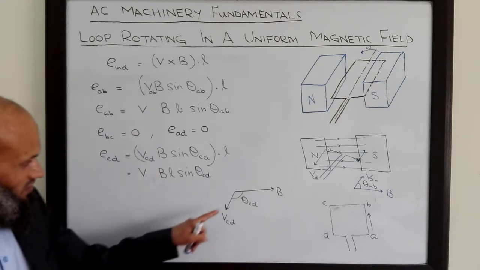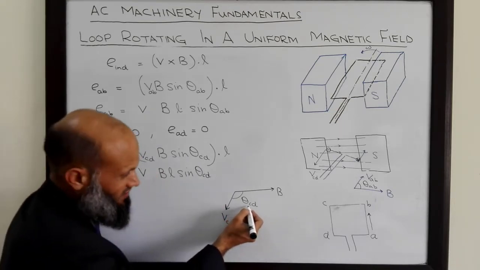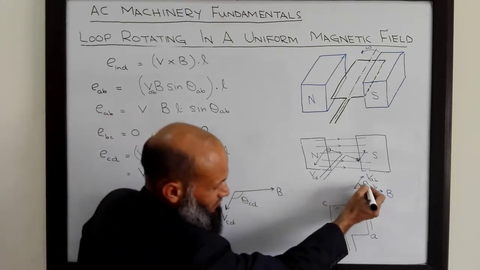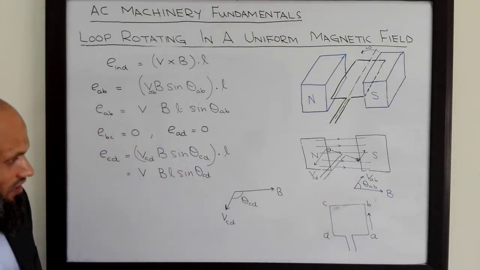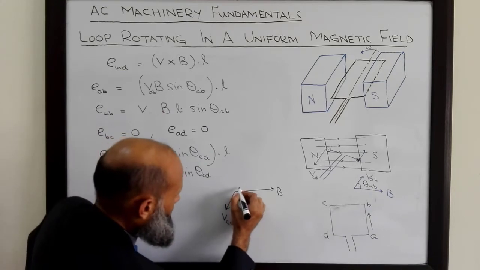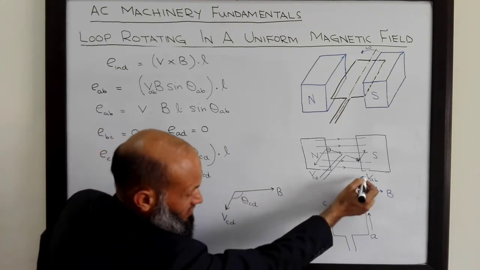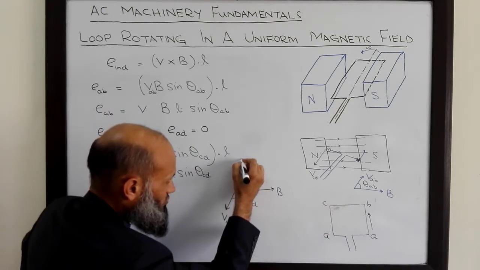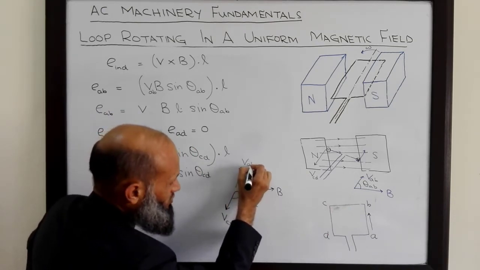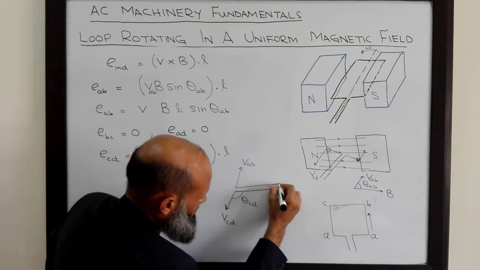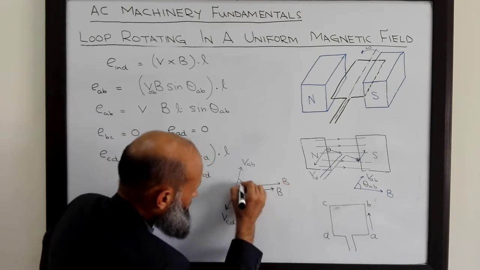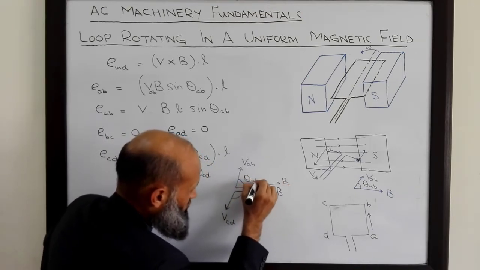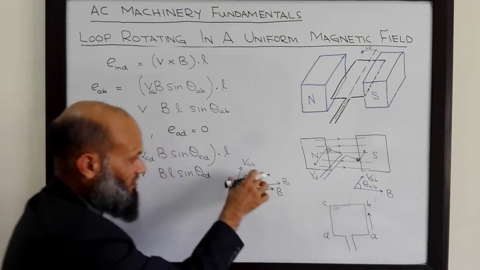Furthermore, this angle theta CD is related to angle theta AB. If I redraw this diagram, this is the situation: V_AB, then the flux density vector, and this is angle theta AB.